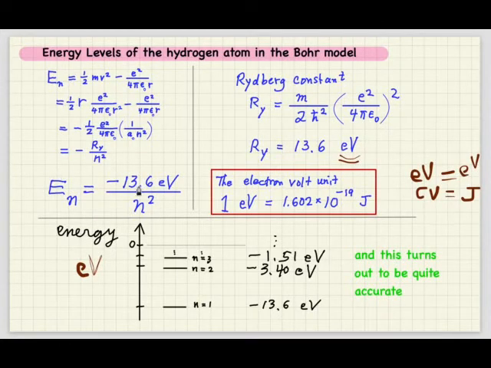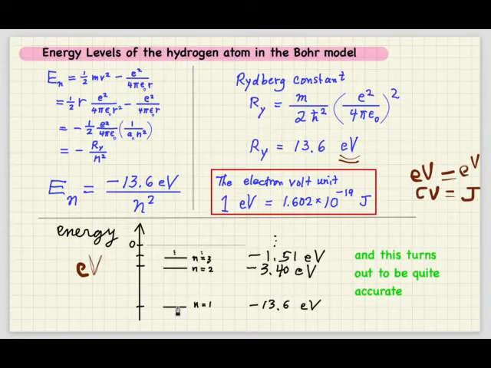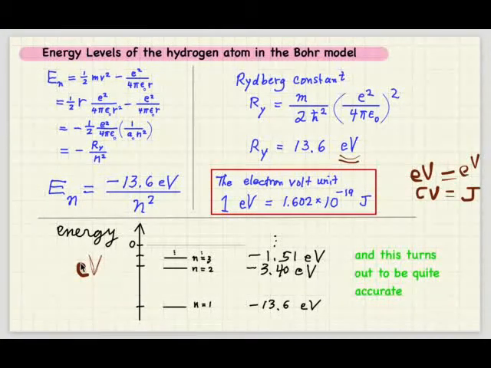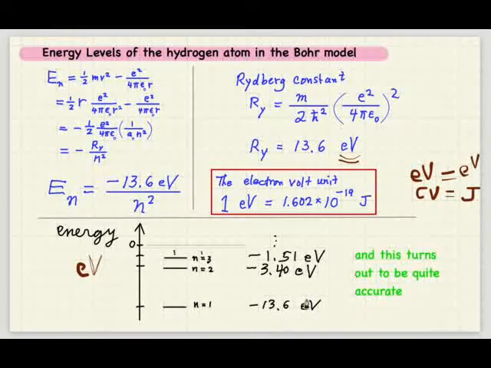Well, the lowest energy state, we call that the ground state, has n equals 1. So then E sub n is minus 13.6 electron volts. So down here, minus 13.6 electron volts, that's the orbit with n equals 1. That's the lowest energy state. A hydrogen atom cannot have an energy less than negative 13.6 electron volts. That's the lowest possible energy.